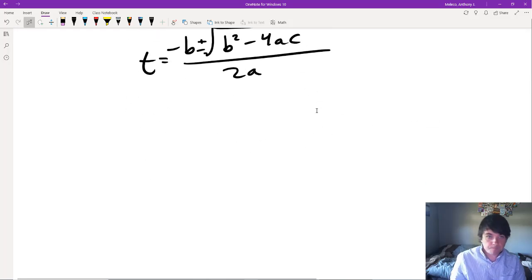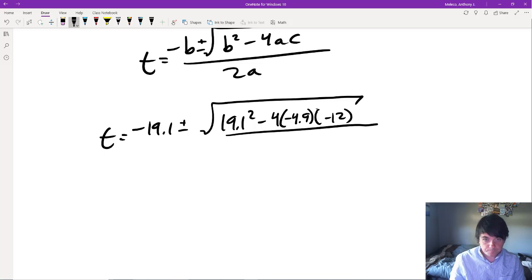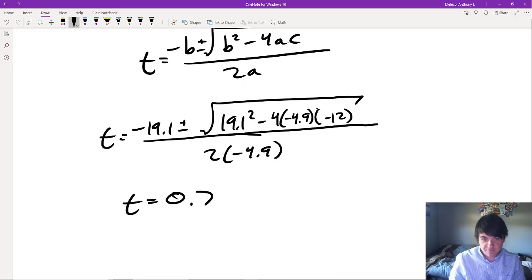And if you plug in like this, here's our plus minus. With a equal to minus 4.9, you will generate 2 times. You'll generate 0.78 seconds or 3.11 seconds.